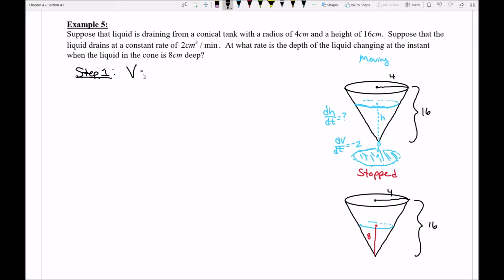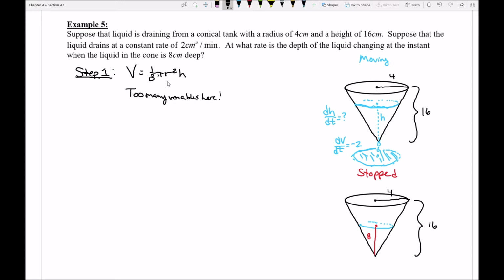It might be more intuitive to start with an equation for the volume of the water in the cone. So 1/3 pi r squared h. But again, I should notice right away that there are going to be too many variables here to work with.